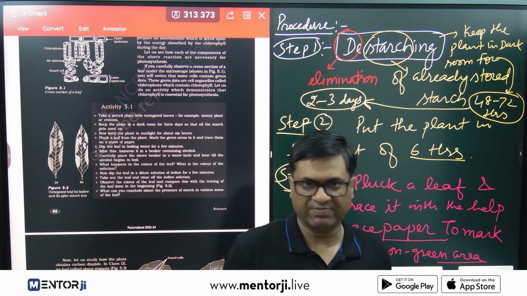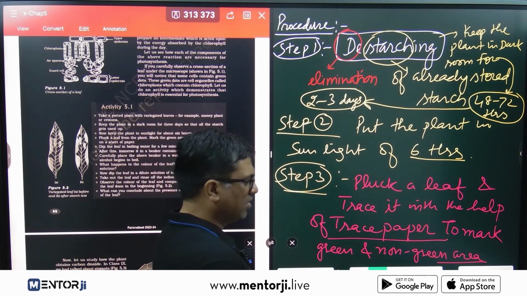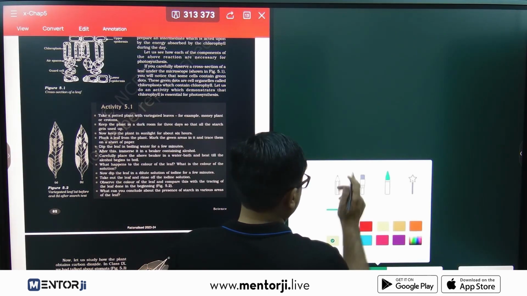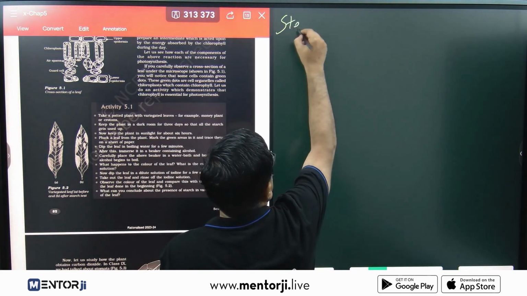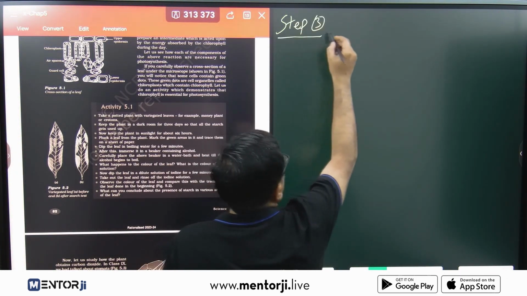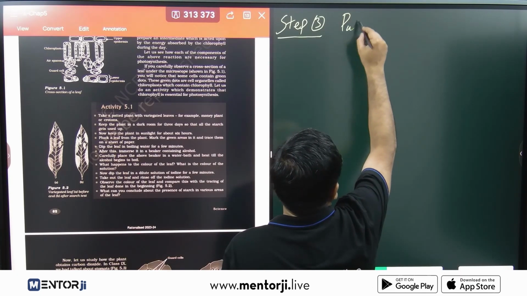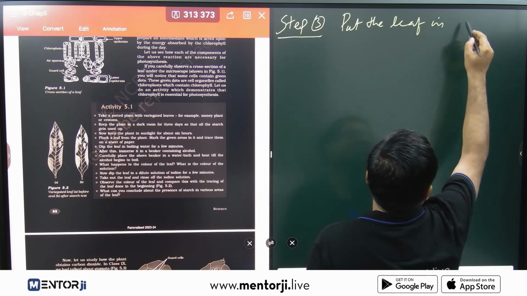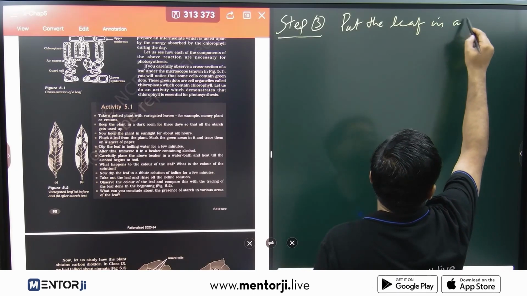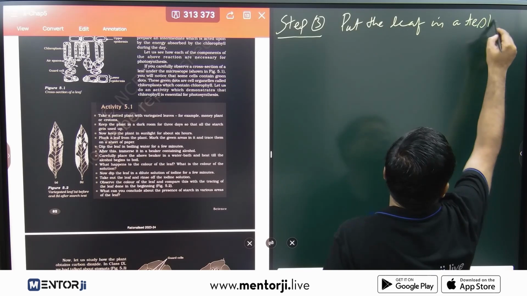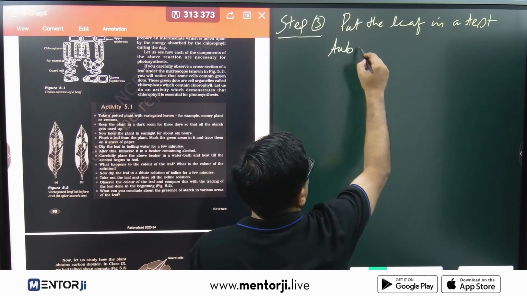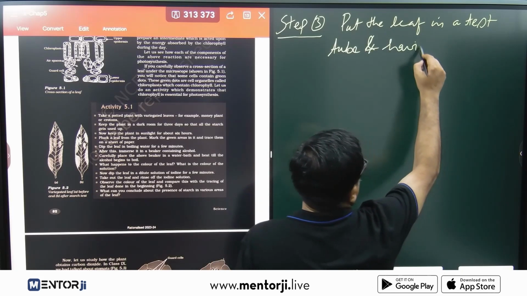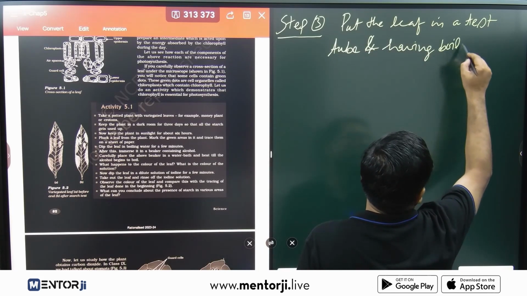After doing this, now we move to the next step, step 3. Now we put the leaf in a test tube having boiling water.